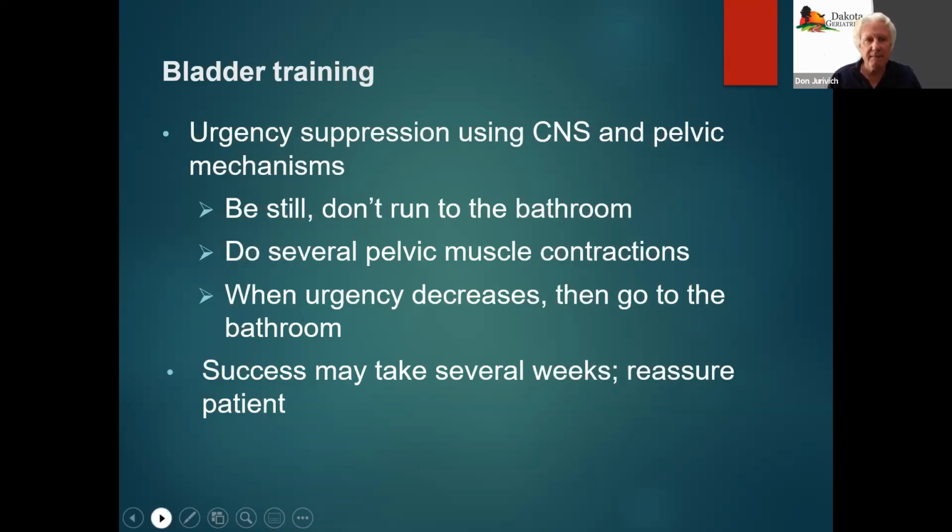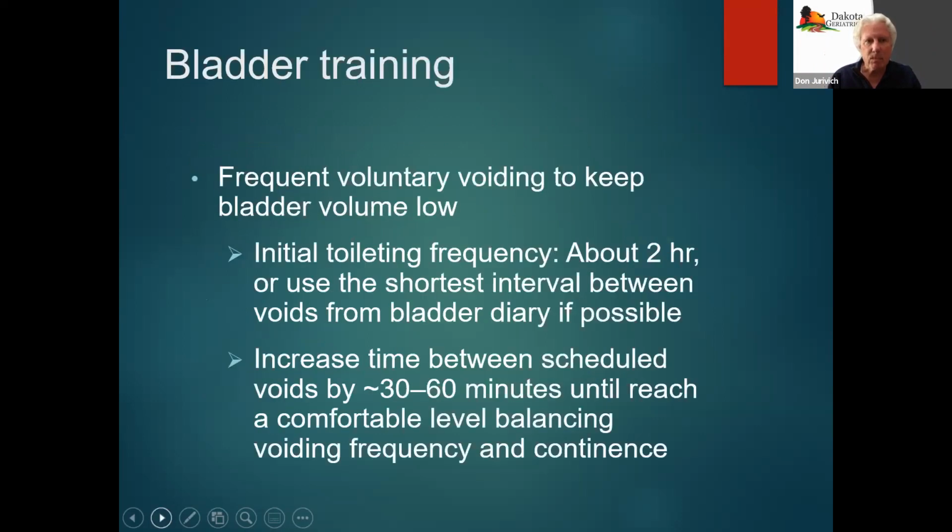Next slide, please. So some additional considerations for bladder training: whether you need to go or not, you do frequent voiding to try and keep a small bladder volume, every 2 hours or so. Keeping a bladder diary and seeing how much urine you produce between those would also be another way to document your training.